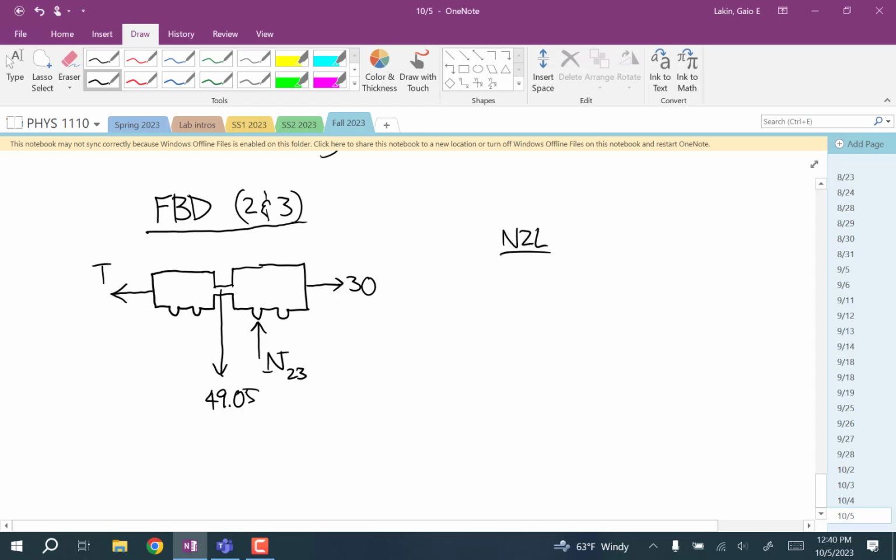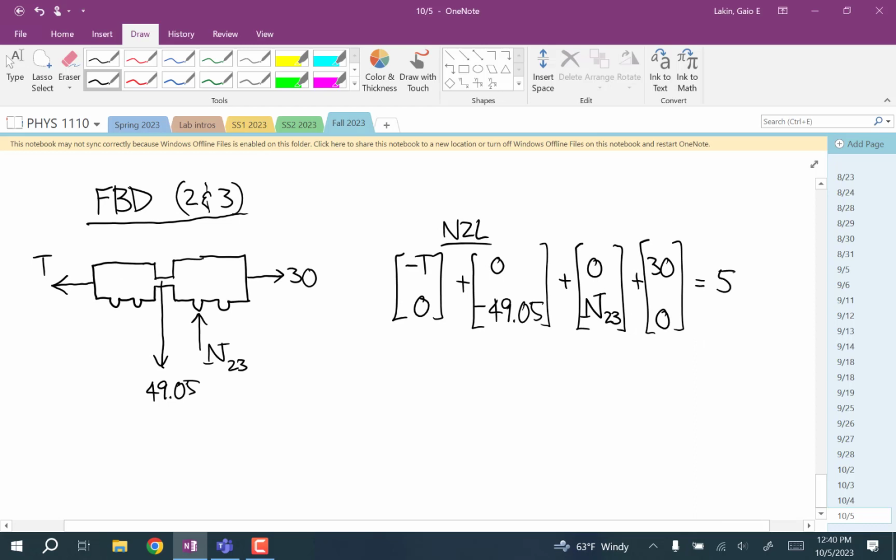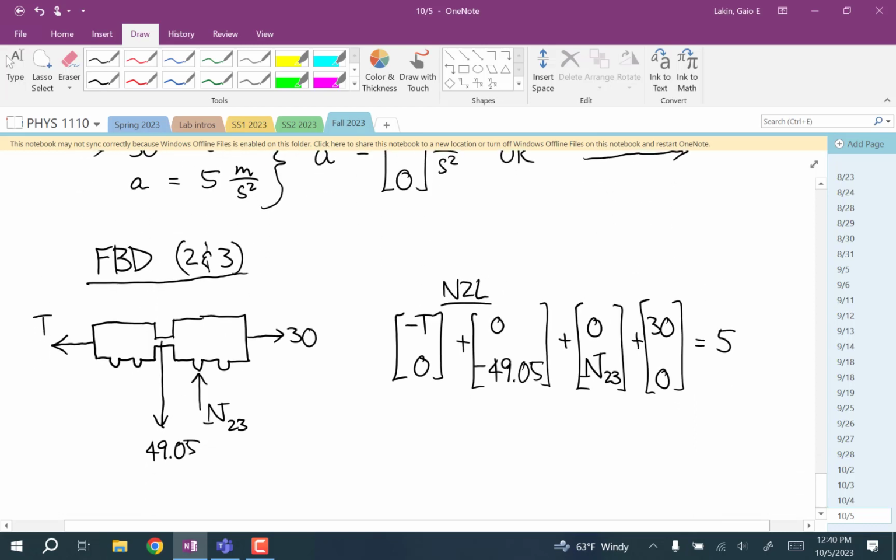And then Newton's second law says that T force is in the negative x direction, so negative T, 0 plus 0, negative 49.05 plus 0, N23 plus 30, 0 is equal to the mass, 5, times the acceleration, which is 5, 0.